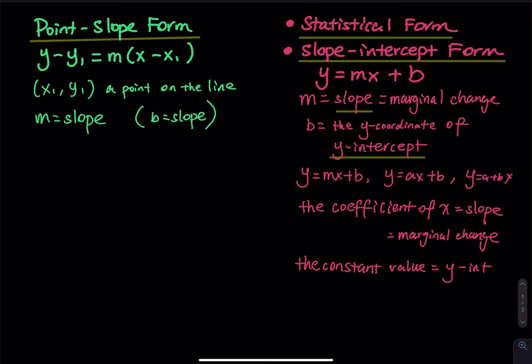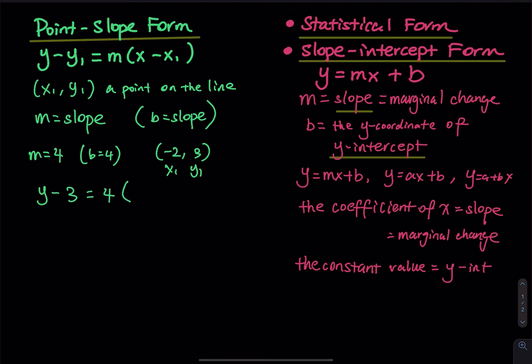So let me just give you an example. Let's say I have a slope for you, m equals 4, but sometimes in some textbooks they use b equals 4, but don't worry about it. As long as you know that is the slope, you will be okay. And then let me give you a point, (-2, 3). So this is my (x1, y1), and then you plug it in. y minus y1 equals the slope times x minus x1. So x minus -2. So y minus 3 equals 4 times x plus 2.